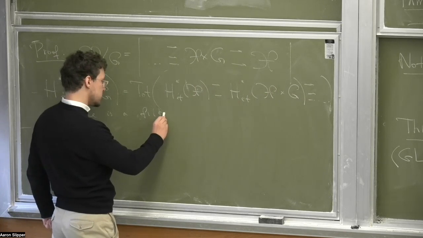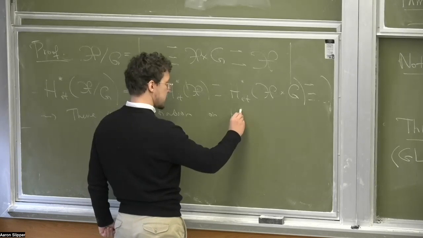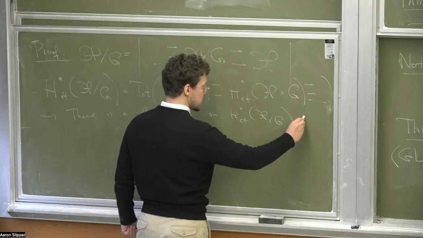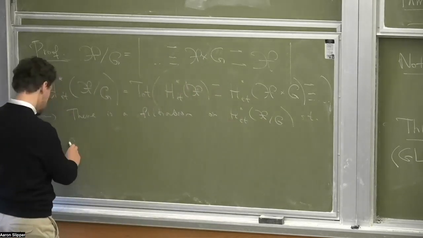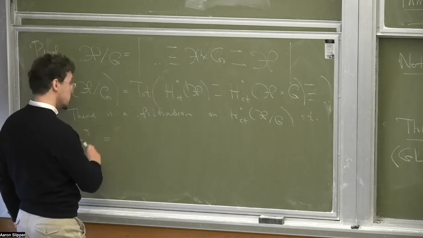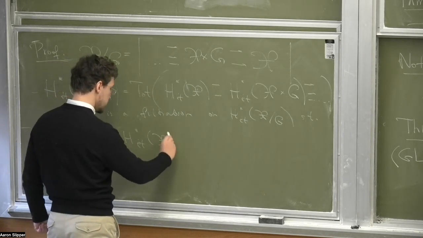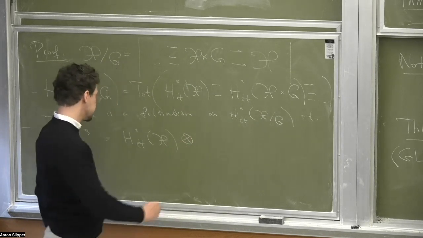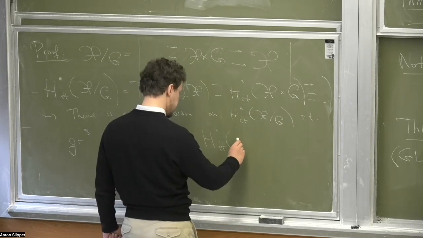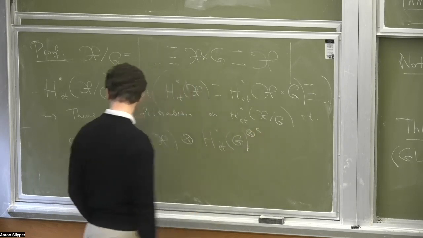There is a filtration on it such that the s-th graded piece of this filtration is going to be the homology of Φ times the homology of the group to the power s.